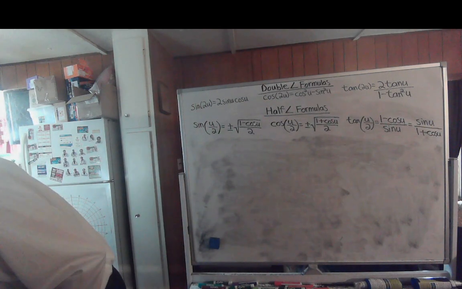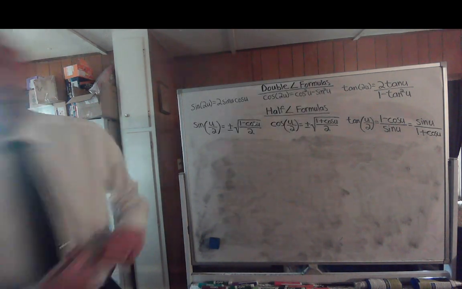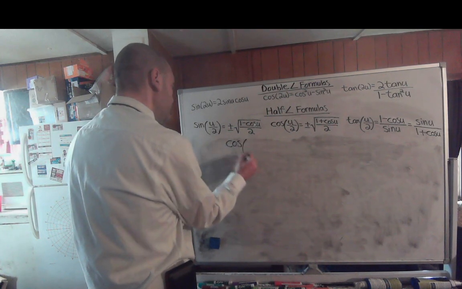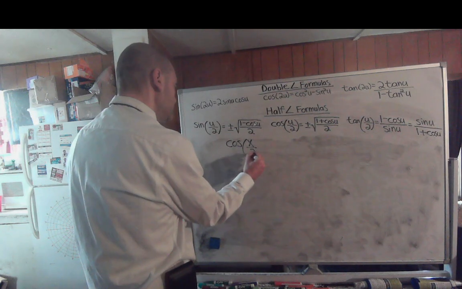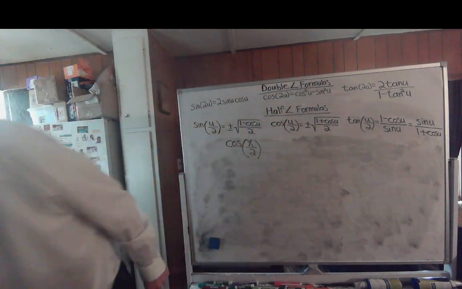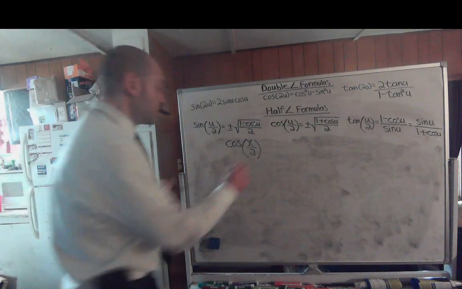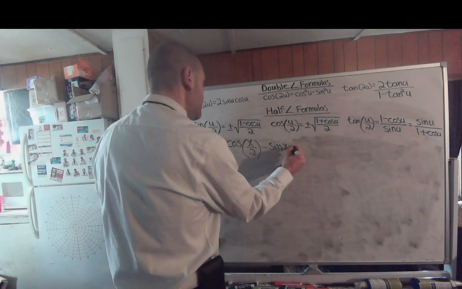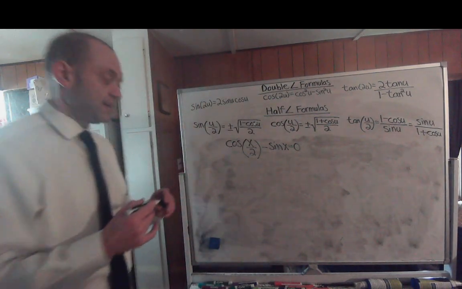Got some half-angle problems. All right, so we have the cosine of x all over 2 minus the sine of x equals 0. That looks pretty hideous, doesn't it?